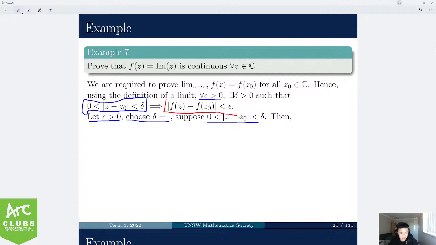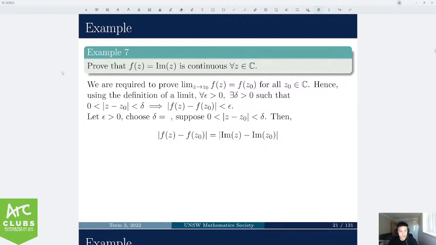And this part on the right is the then part, and that is essentially what we're trying to prove. So if we sub in f of z equals Im of z, we get this thing over here, and we can combine it into Im of z minus z0. And that's going to be less than or equal to the modulus of z minus z0.